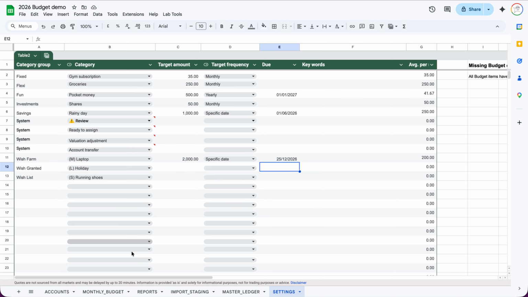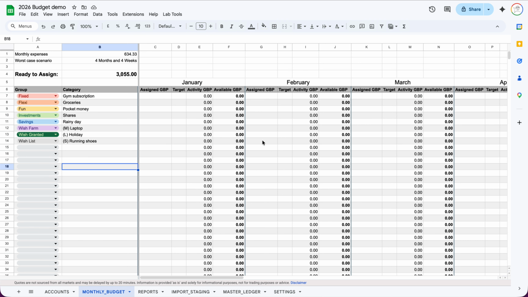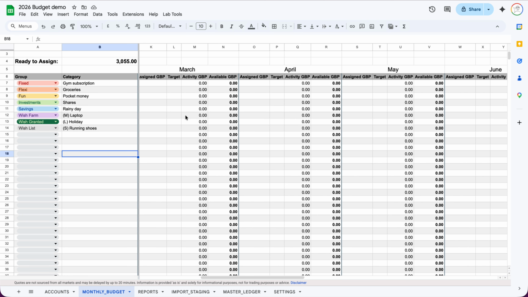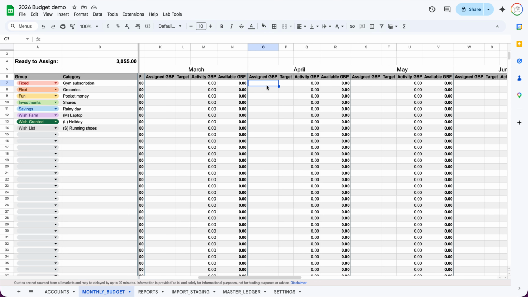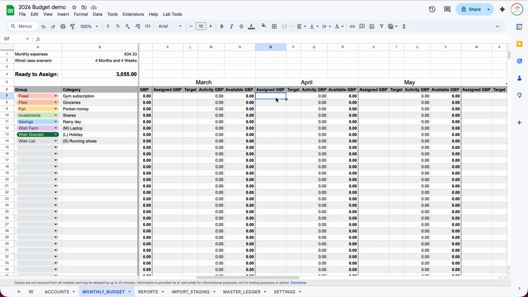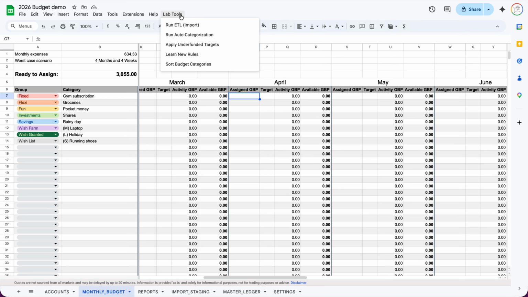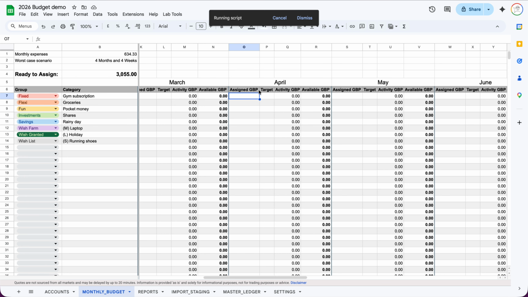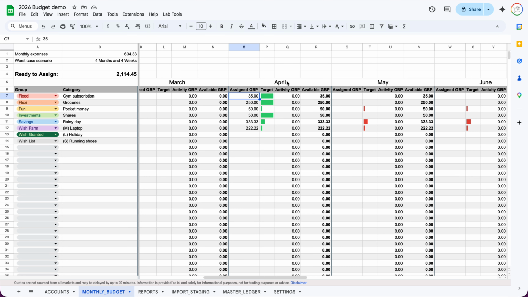So how this is used is if I go to the monthly budget, and we can ignore, we're probably going to be starting in April. So what you can do, instead of starting from scratch, you can hit Lab Tools and then apply underfunded targets. So your mouse has to be in the month that you're trying to add money for.